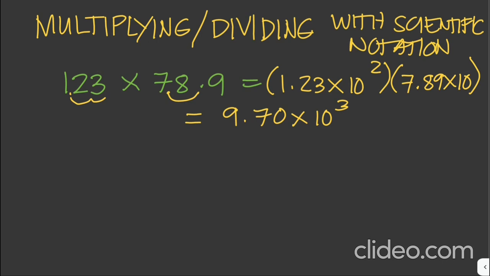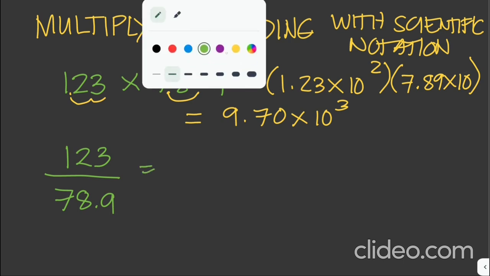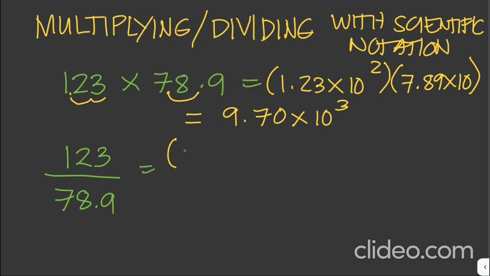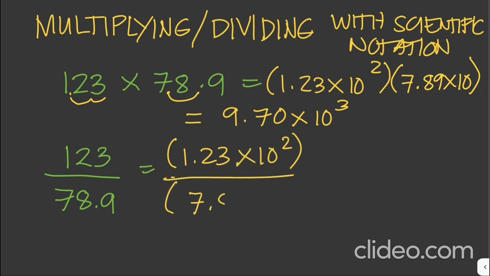Okay, how about if we're going to divide these two numbers, 123 divided by 78.9. Again, we can rewrite this as 1.23 times 10 squared over 7.89 times 10. So in division, we apply the law of exponents, we subtract exponents.